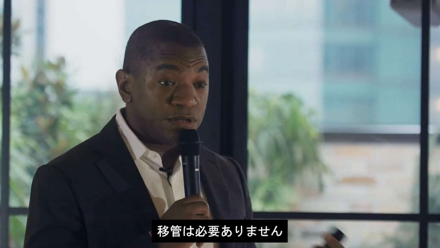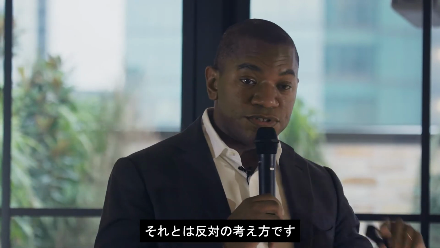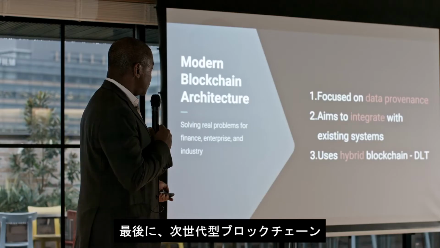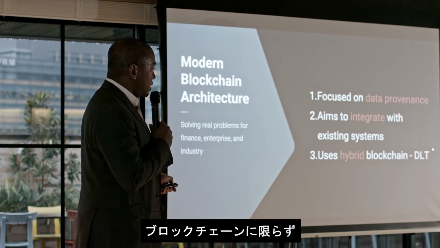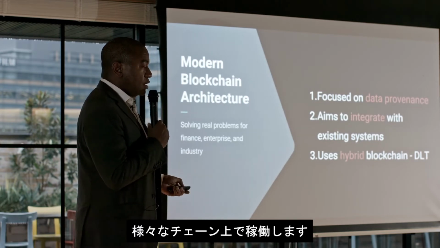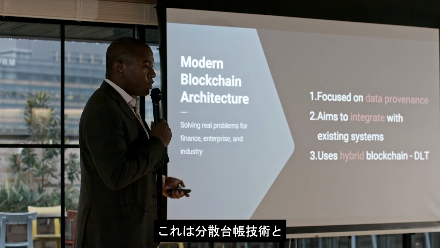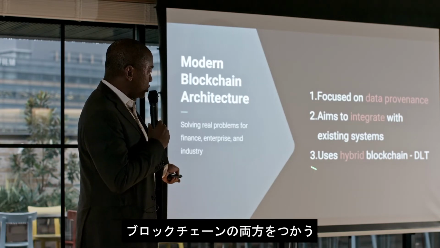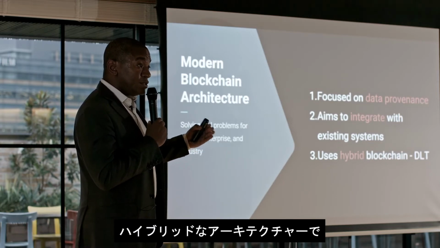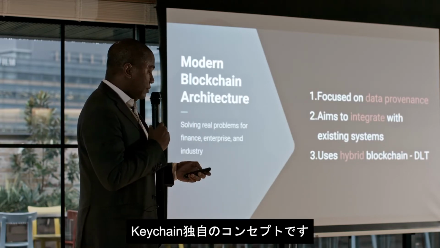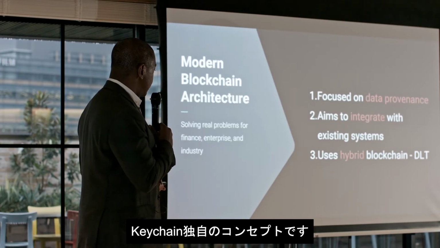A modern blockchain architecture does not do that. It goes the opposite direction. And finally, a modern blockchain architecture is really not specific to any blockchain, but it's a hybrid. It uses whatever works. So I'm going to present to you a hybrid blockchain distributed ledger, DLT architecture that we use within Keychain.